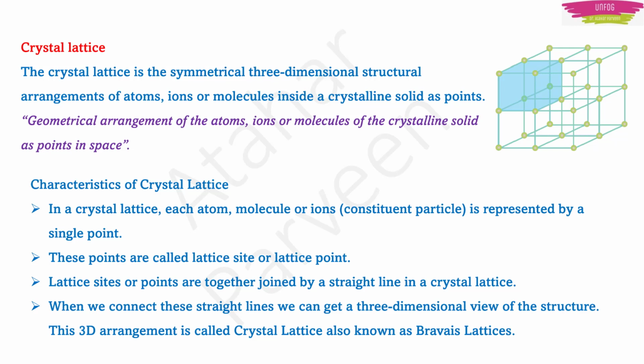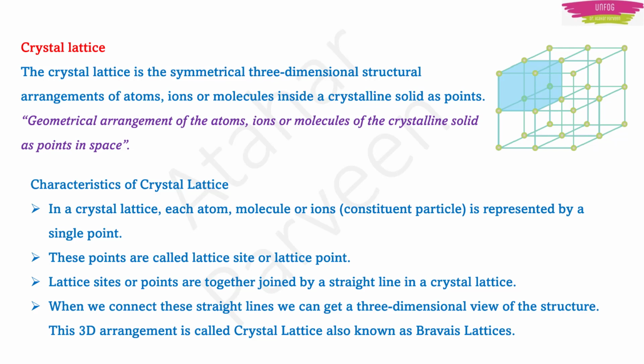What are the characteristics of this crystal lattice? In a crystal lattice, each atom, molecule or ion is represented by a single point, and these points are called lattice sites or lattice points. When you join these lattice sites together, you will find straight lines in a crystal lattice.